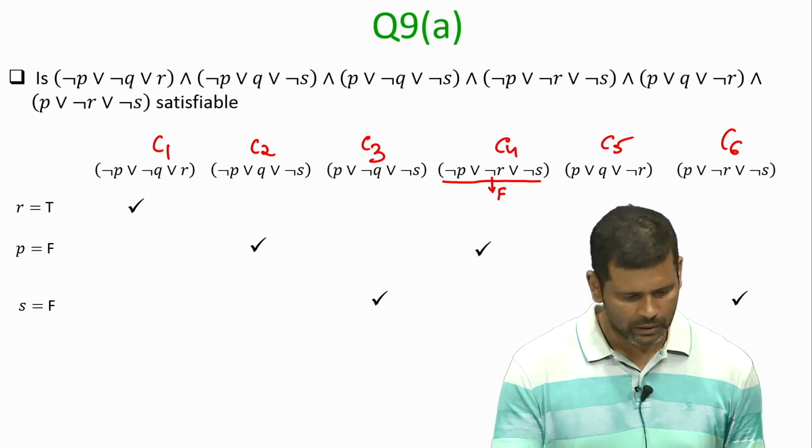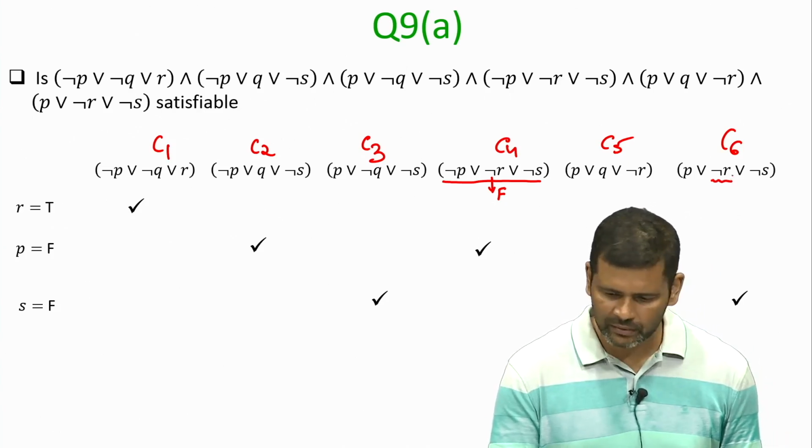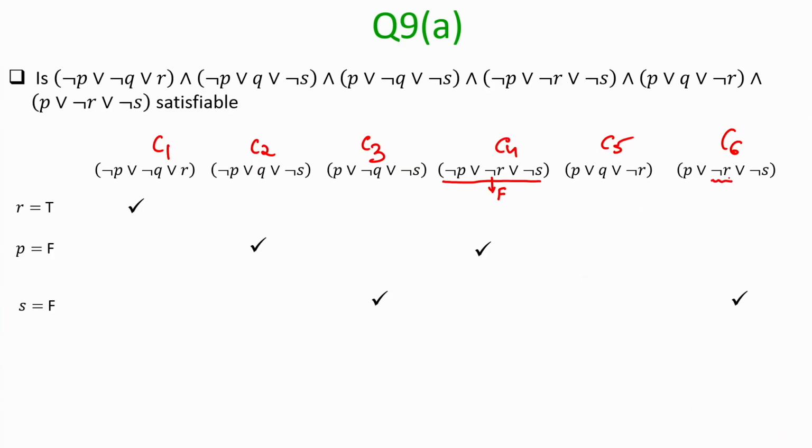Now, my negation of R will be false, because I am assuming here R is true, and I am assuming P to be false. Then, to satisfy clause number 6, I am left with only one option, namely I have to ensure negation of S is false. Sorry.